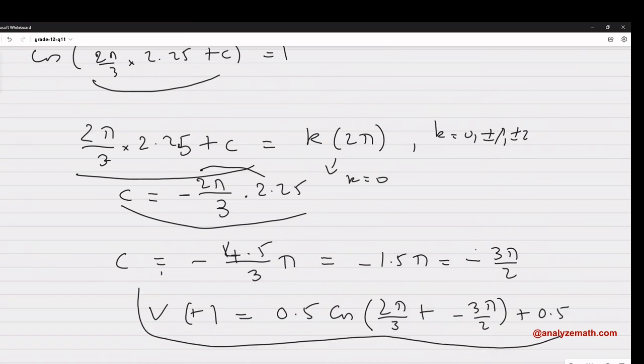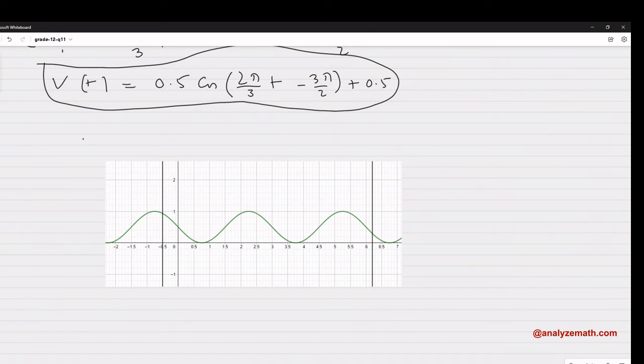So this is the equation that we found. We now show the graph of Vt, the graph of the equation that we found, using a calculator, and as we can see, it compares very well. It compares exactly with the one given to us.